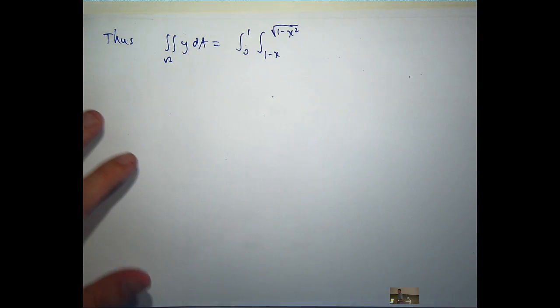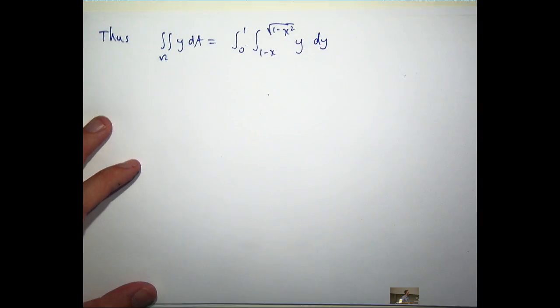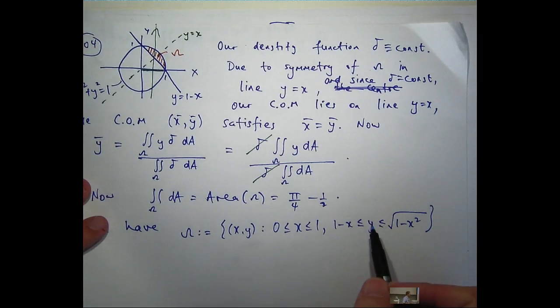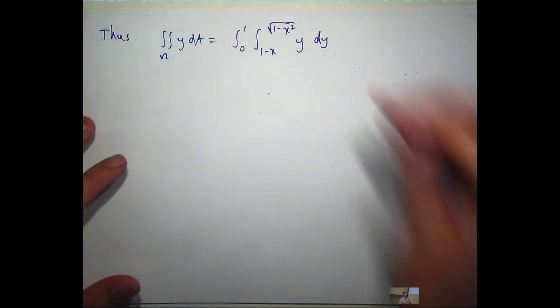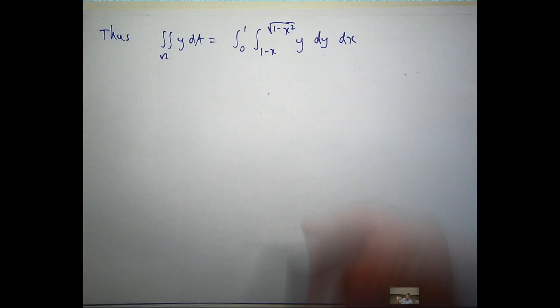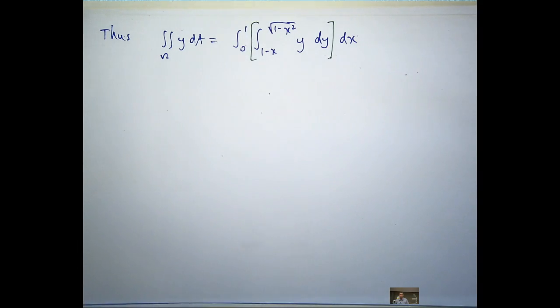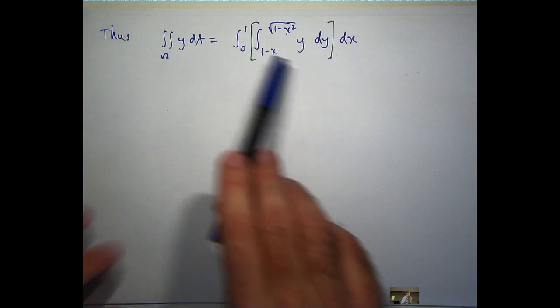And I'm integrating y. So next one would be dy, because that's where my y bound is. And then the other one would be, of course, dx. So let's do the inside integral first and move on to the outside integral.